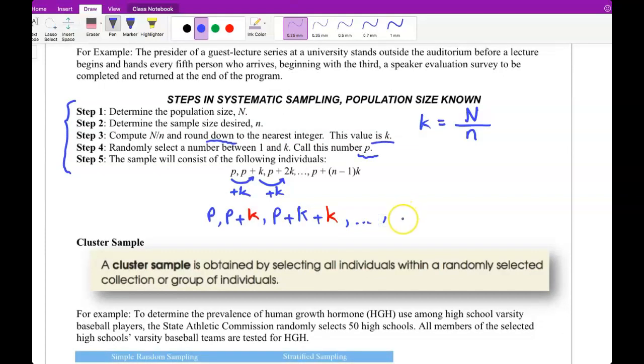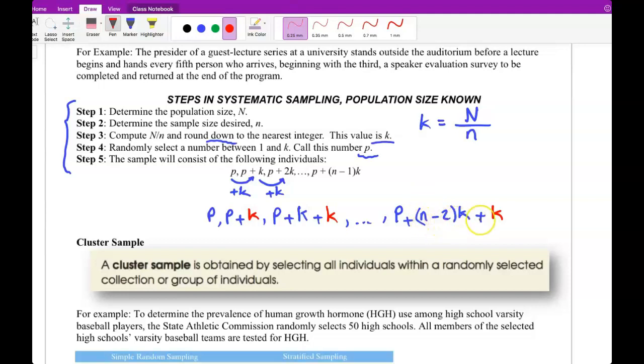Three dots, then p plus, and so on, 1k, 2k, 3k, then n minus 2 times k, depending on what the sample size is.